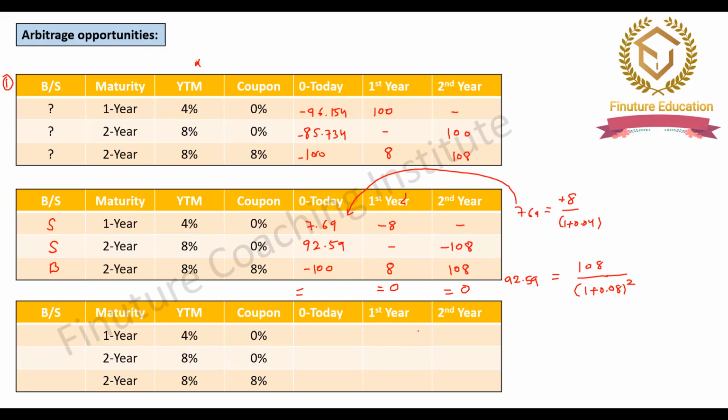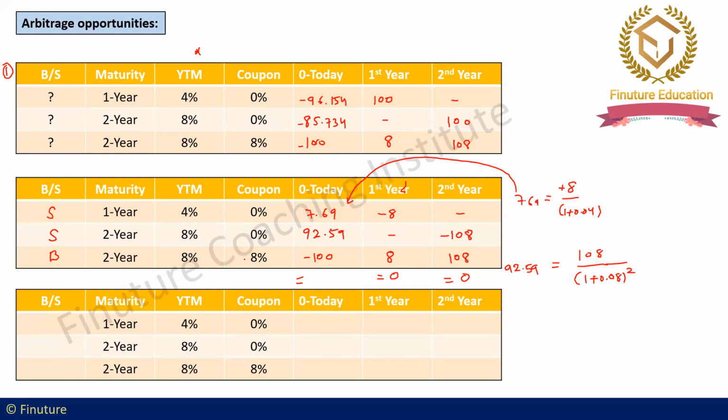Minus 100 plus 7.69 plus 92.59. So it gives you around 0.28, on a $100 investment.